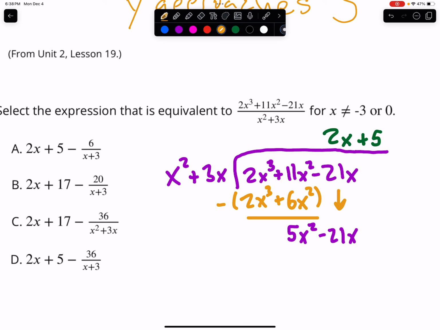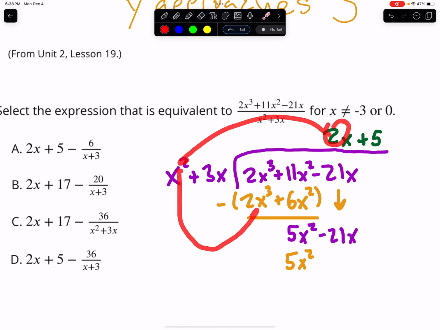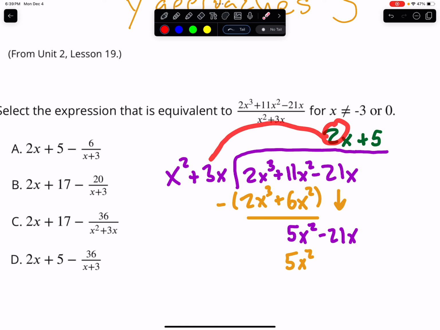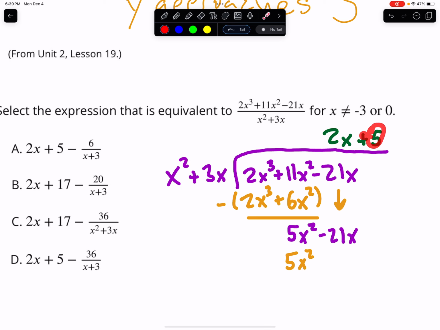So that is 5x squared. And now I got to multiply this 5 times the other thing. We put the numbers up here just because we want to multiply it times the first number, but we ended up having to multiply it times both of them, right? Here, and then times here.